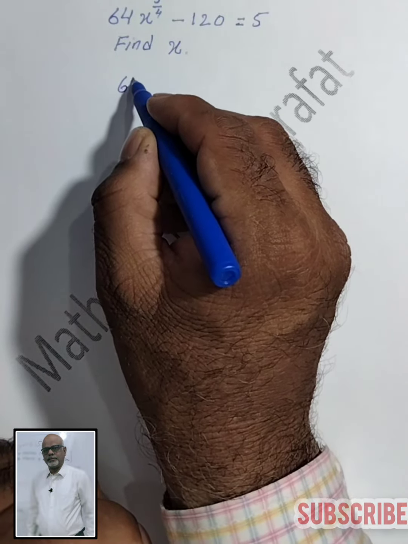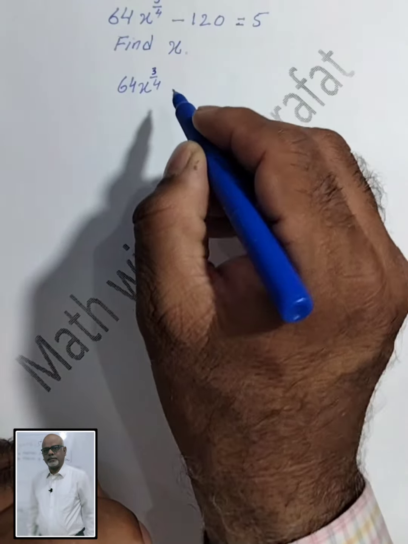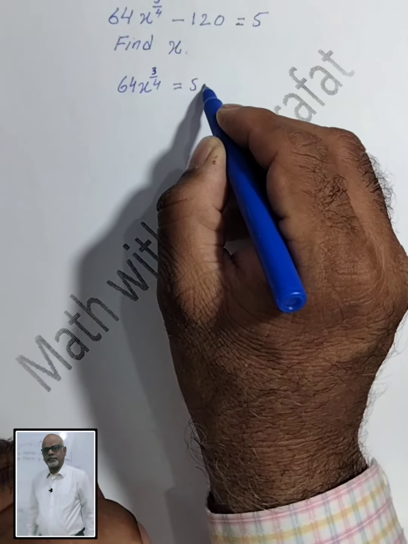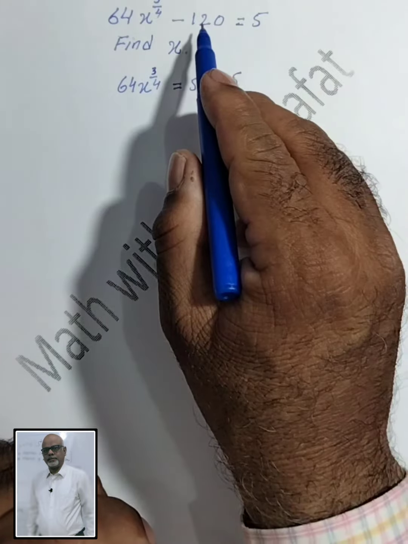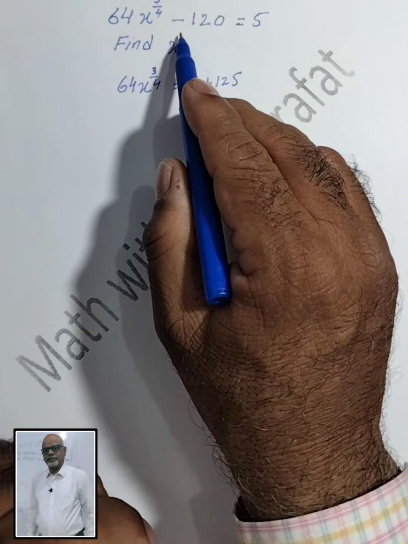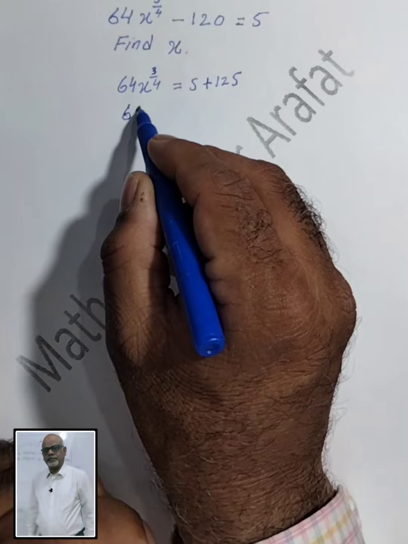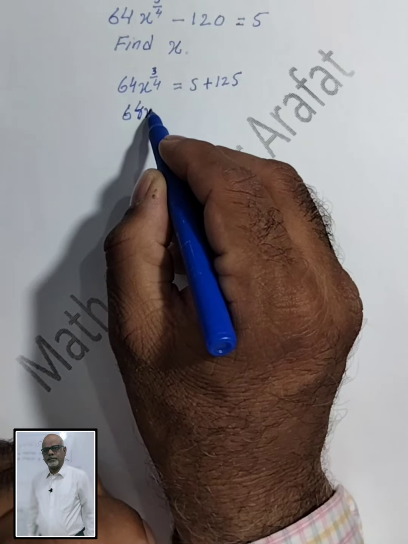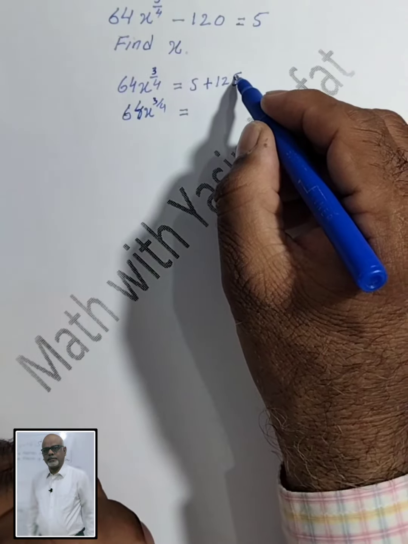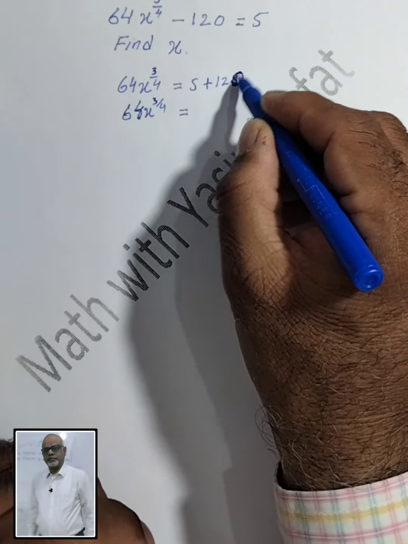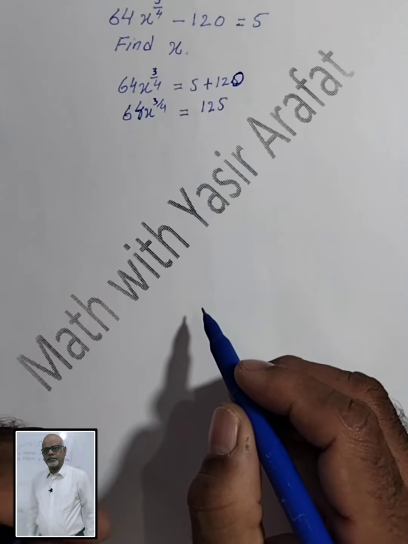Here we have to shift the minus 120 from the left hand side to the right hand side, so this is 64 x power 3 over 4, it is equal to 5 plus 120, which is 125.